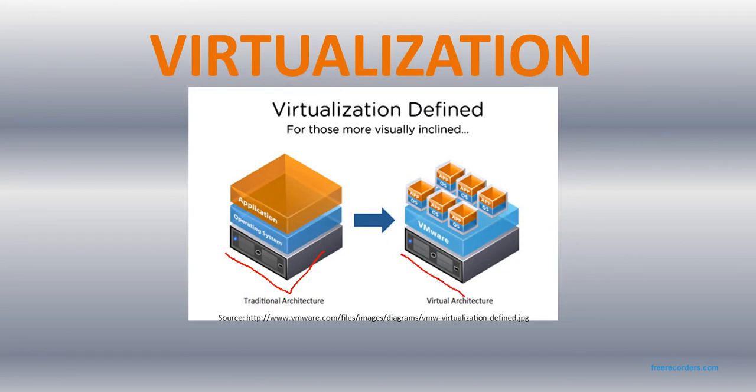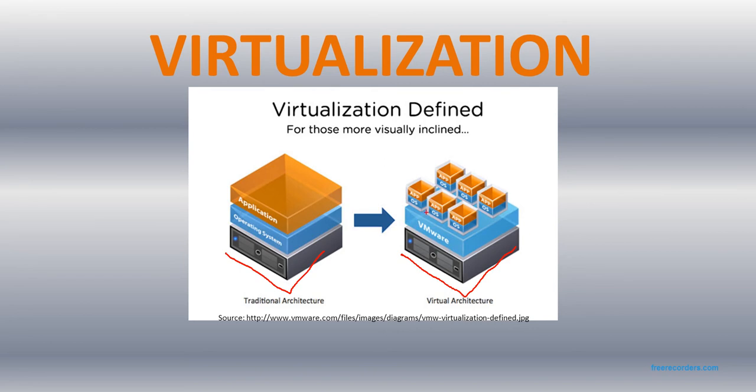So instead, we can have this scenario here. Have one piece of hardware, and instead of installing an operating system on that hardware, we would install a hypervisor. And it's the hypervisor's job to control what we call virtual machines or virtual computers. It's a fully functioning computer that lives virtually on top of that hypervisor.